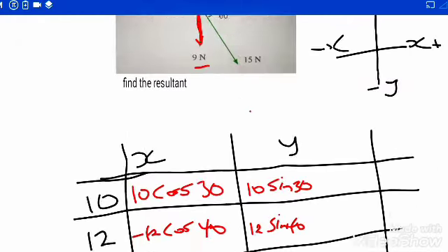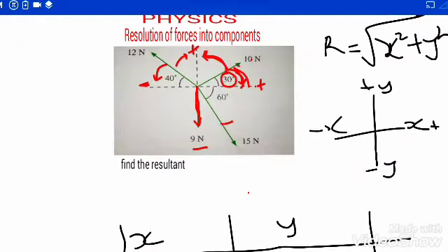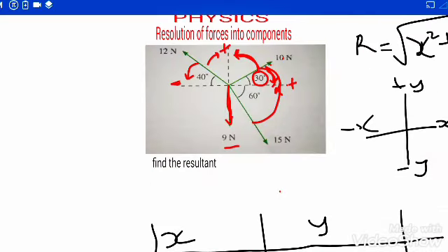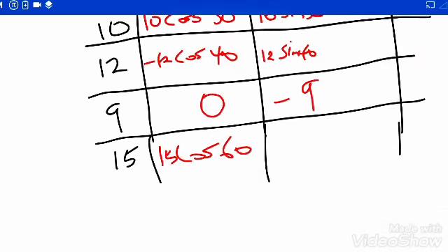Now the last one here is 15. To the x-axis, you can see it is positive, so I'm going to be having 15 cos 60, and minus 15 sine 60 for the y-axis.